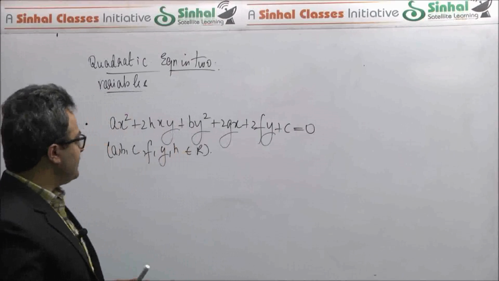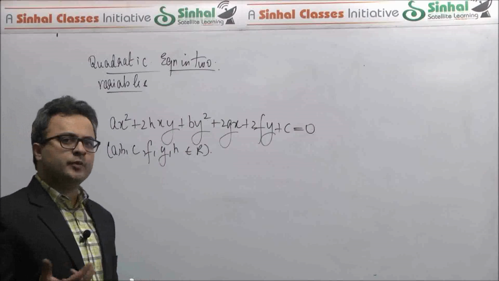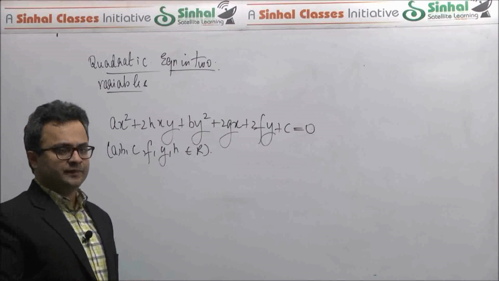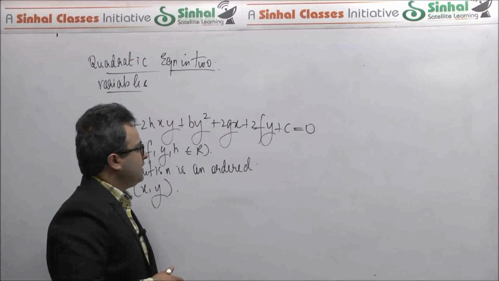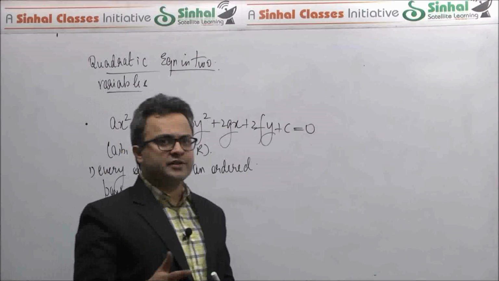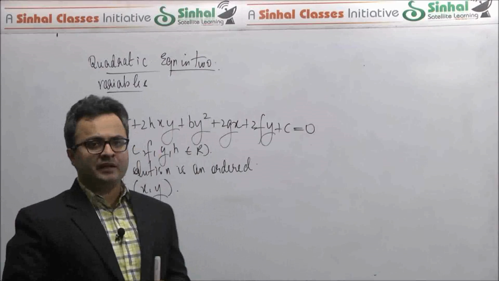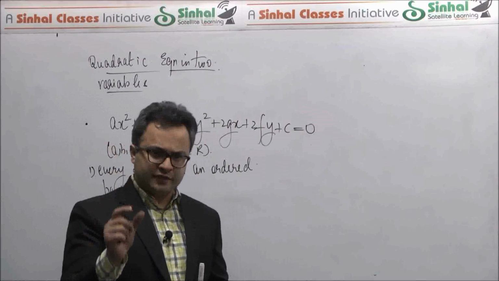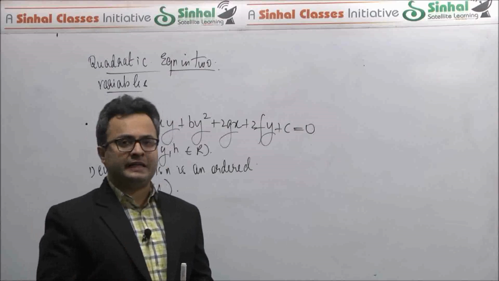So therefore every solution for such an equation is taken to be an ordered pair x comma y. Of course you can talk about solutions under different conditions, but by a real solution we would mean an ordered pair x comma y which satisfies the equation where x and y take real values.